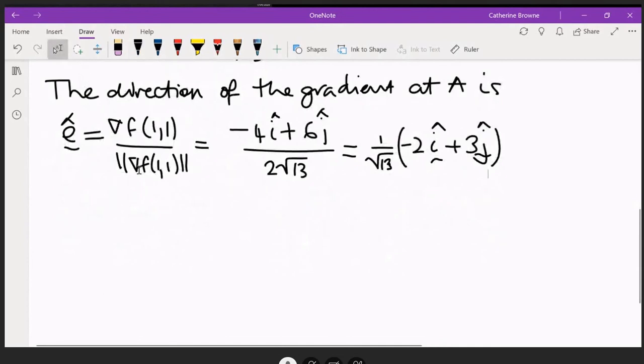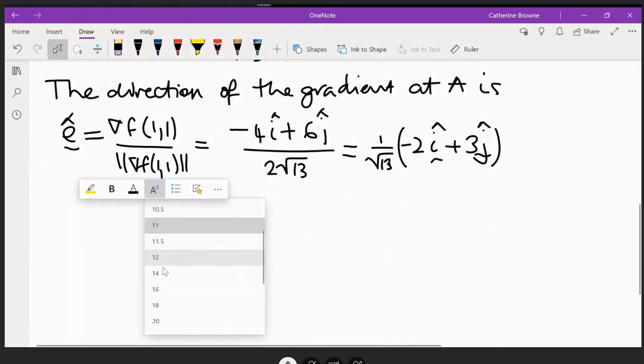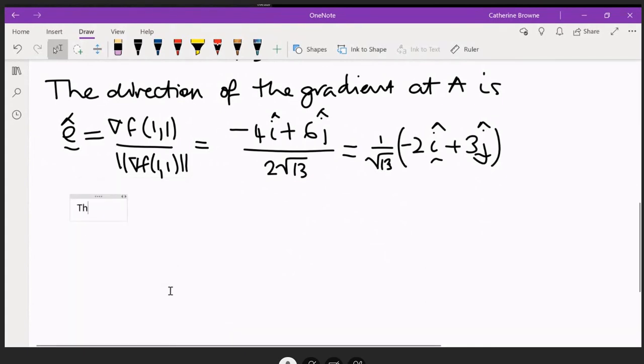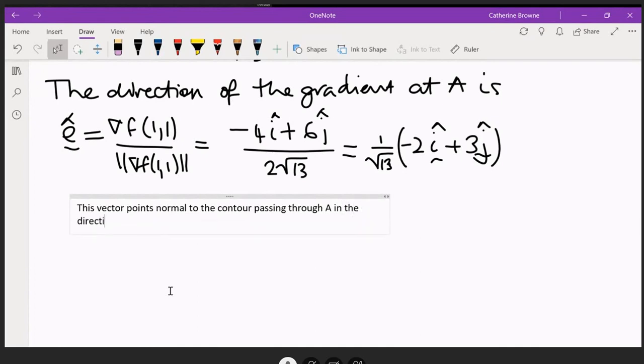So this vector that I've found here points normal to the contour passing through A, in the direction of the contour f equals 3.